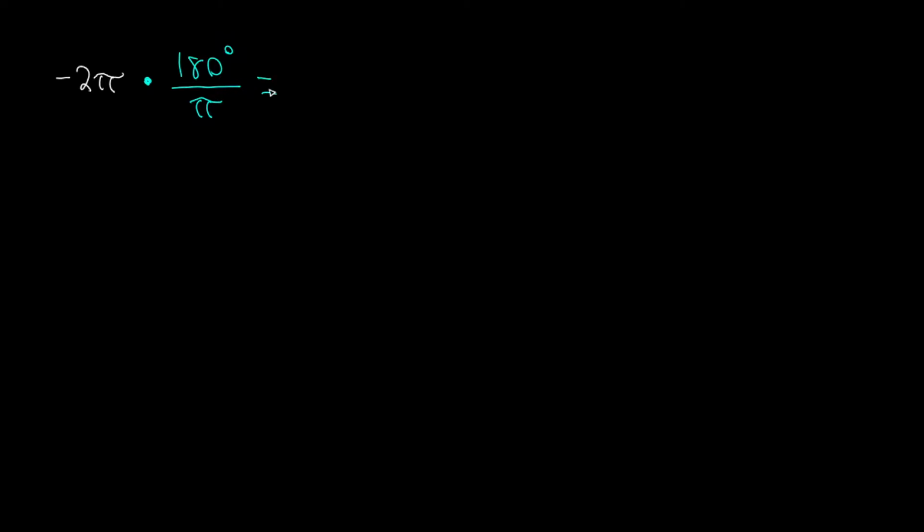Negative 2 pi times 180 is negative 360 pi. And you could put the degrees in here, negative 360 pi degrees. I just think it's easier to think of it as negative 360 pi and then put the degrees on at the end. And it'll be divided by pi. So the pi's cancel out, and we're left with negative 360 degrees.